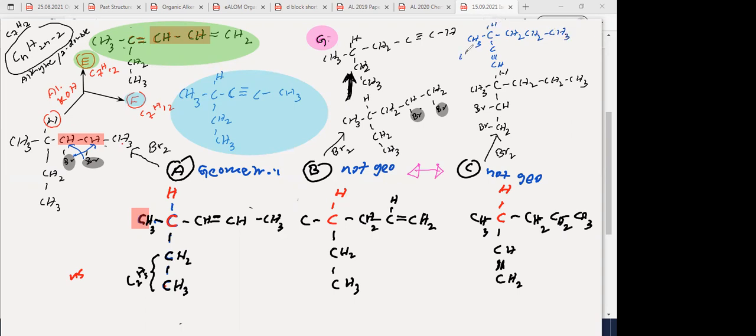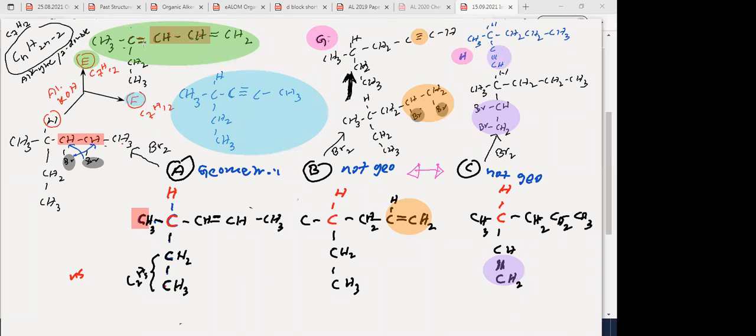What is this? The structure H. So here the triple bond, and the double bond becomes Br2 here, and here it becomes triple bond. Okay.